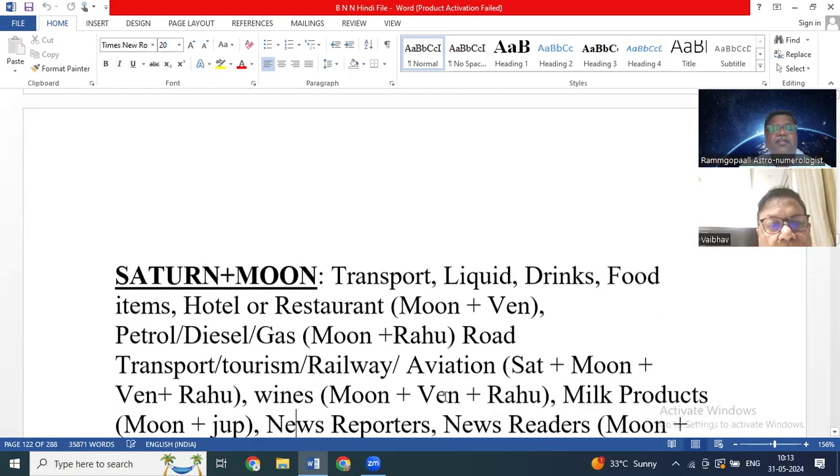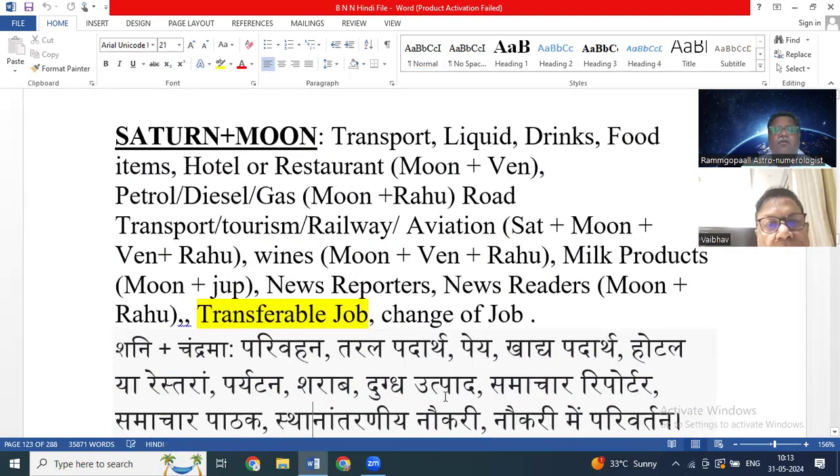If Moon is there, Moon is actually liquid, food and transport related profession or business. Transport, Moon is a transport, Moon is a liquid, any type of liquid. Liquid means here it may be petrol, diesel or alcohol, scents, perfumes, any liquid.